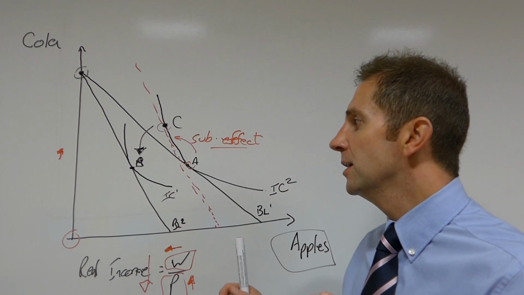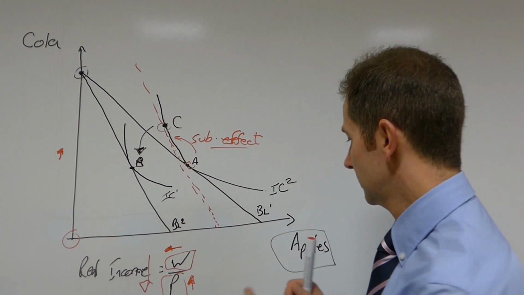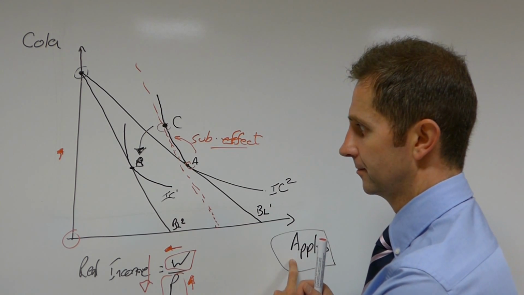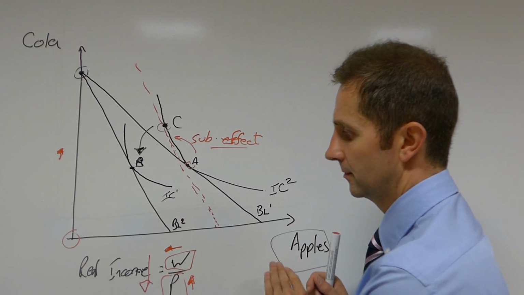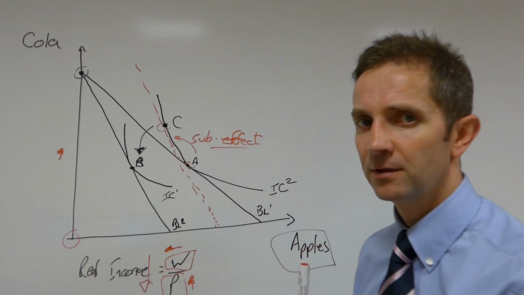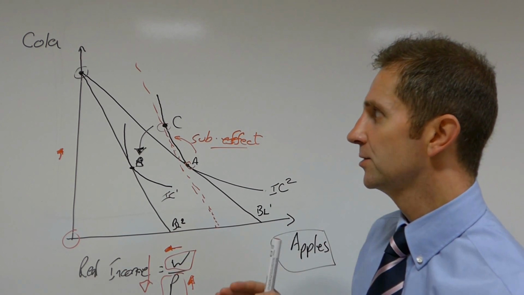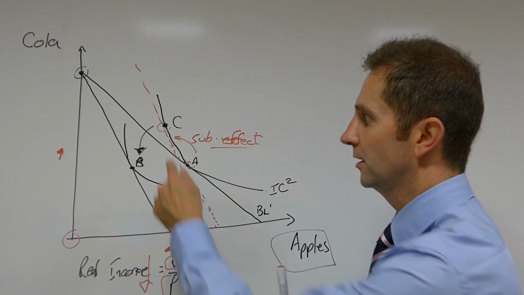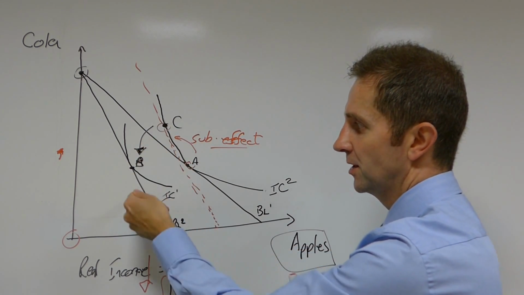We are consuming fewer apples, moving in this direction, the normal goods, and we are consuming less cola. You can see obviously that it moved downwards here.